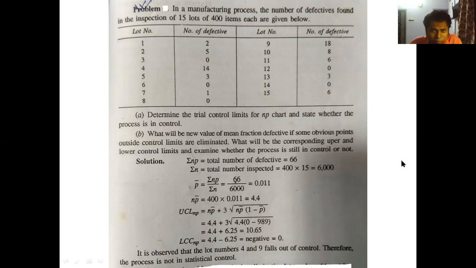There is no problem, because if the subgroup size is 400 items, the fraction defective will be 2 divided by 400, just like that. And then you follow the steps of the P chart example, just like I said. So there is nothing more to say about the NP chart. The only advantage is that readily available formulas are there, so you will be doing a little less calculation. That's it.